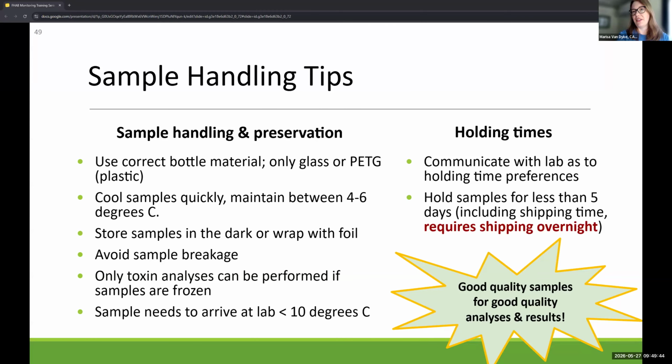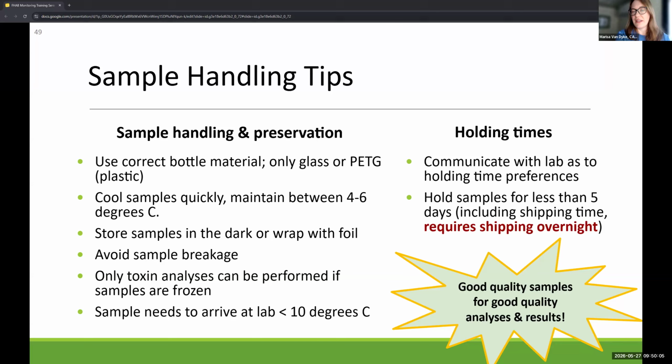And also to maintain the integrity, you want to eliminate sunlight getting to the sample. So you want to keep them in a dark space, so just putting them in a chilled cooler is an easy way to do that. And already having that cooler chilled is really helpful so that you can reduce the temperature of that sample that you collected as fast as possible.